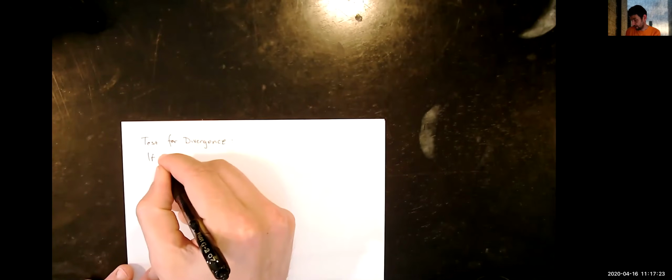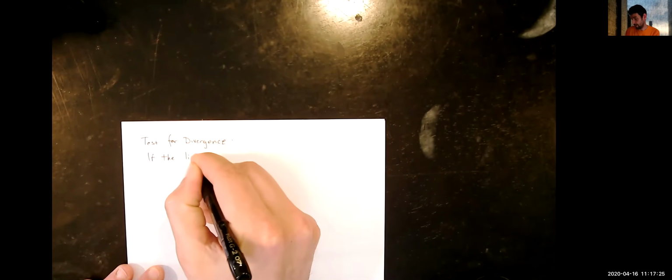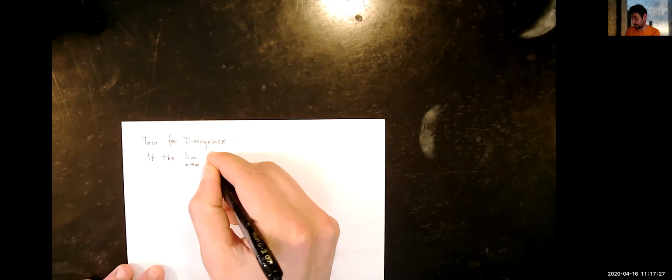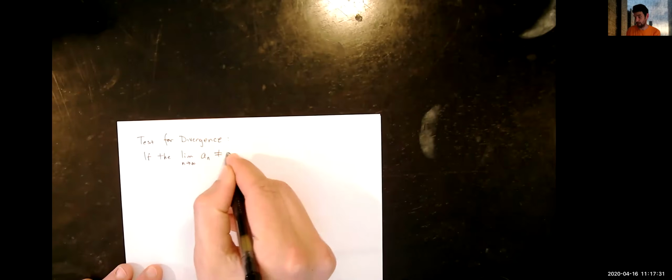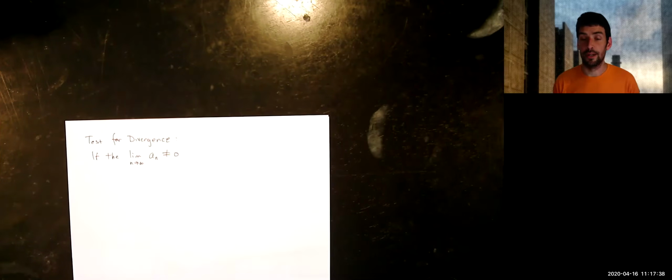If the limit as n goes to infinity of a sub n, so if we have a sequence whose limit is not 0, anything other than 0, which includes a number that's not 0, or a limit that doesn't exist, like infinity, or something that just bounces around without ever settling down towards one number.